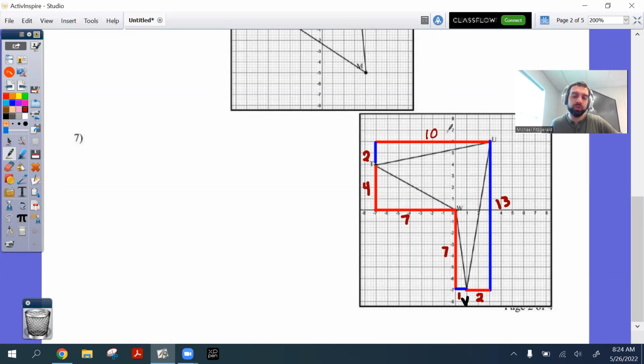Okay, so in order to find the perimeter of this, we have to use the Pythagorean theorem 4 times. And I'll show you how. One to find this side with this triangle. One to find this side with this triangle.